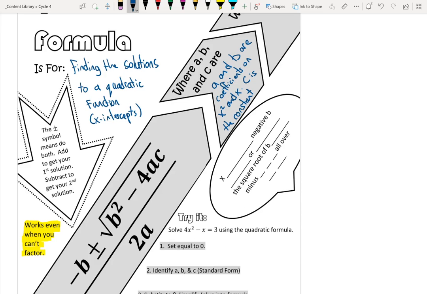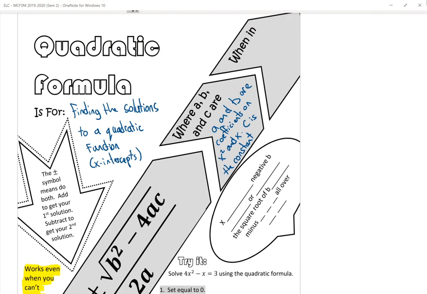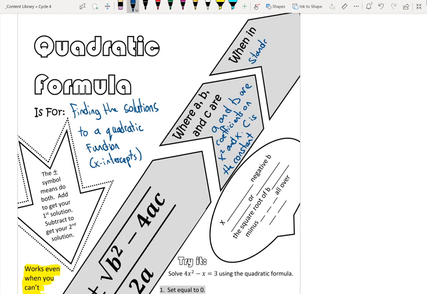So where are we getting these a, b, and c from? They're coming from when the quadratic function is in standard form. And again, standard form is ax squared plus bx plus c.